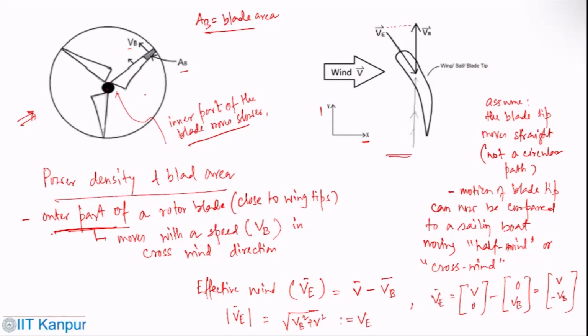Now what we have to find out is to determine the forces on the wind. For the time being, we talk about the blade tip area of AB.